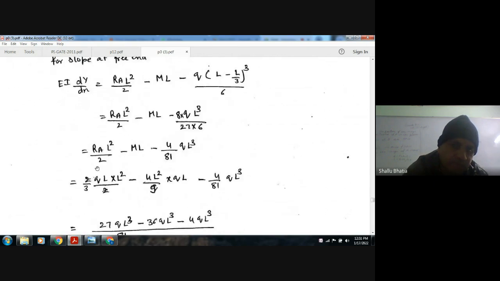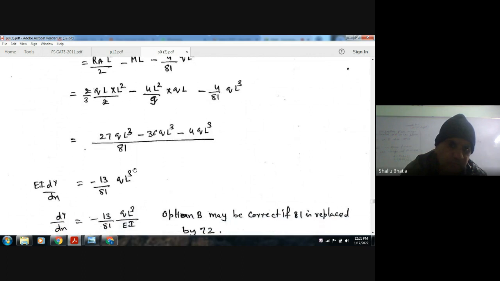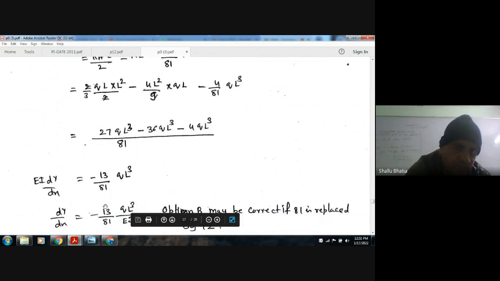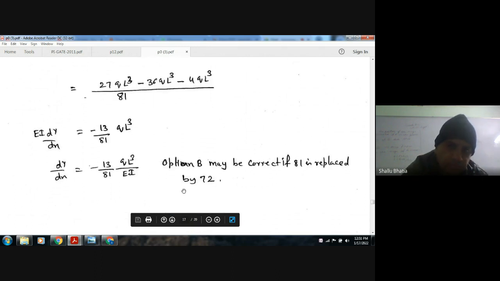Put in the value of RA and M, and by solving this, we can get slope as minus 30 by 81 QL cube by EI. Okay, so option B may be correct if 81 is replaced by 72. So that's why the marks are given to all in this question.